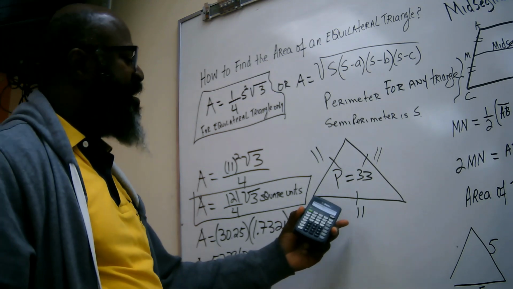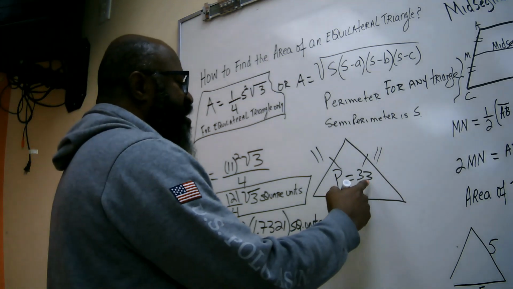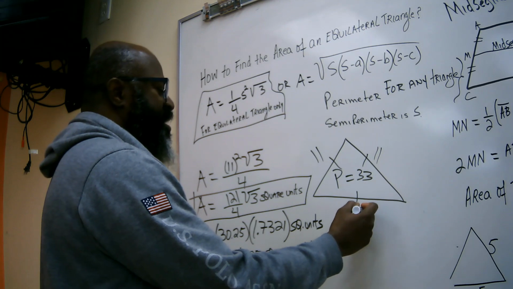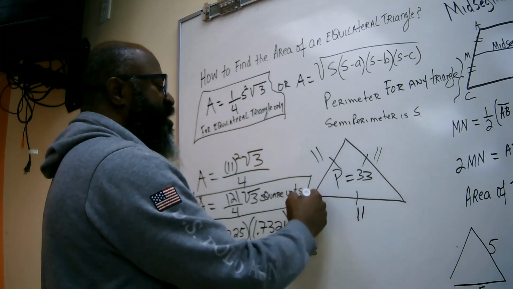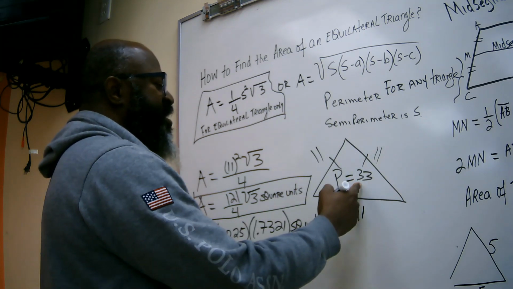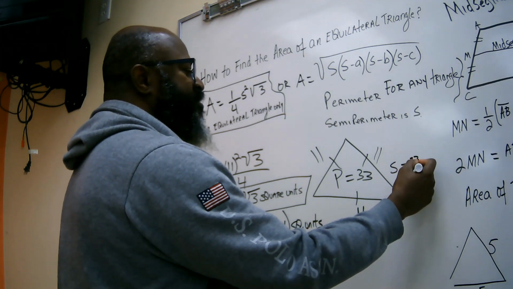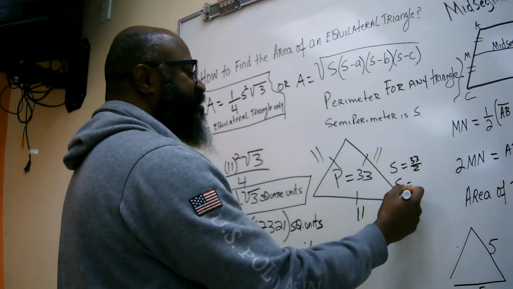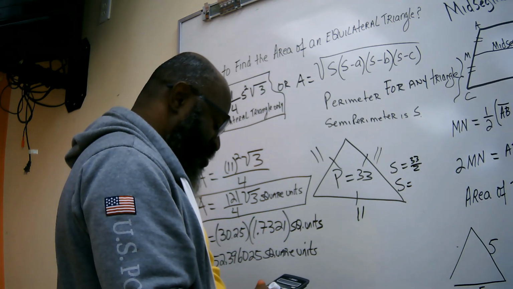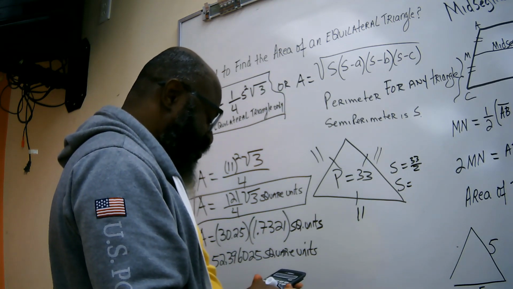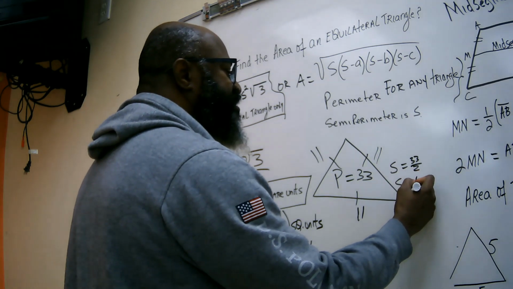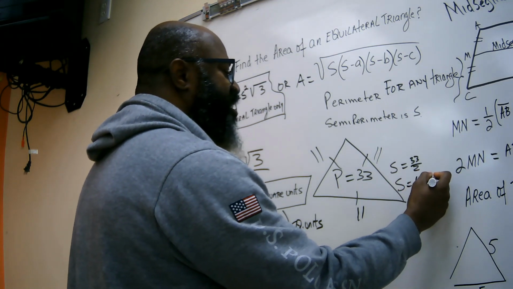The other alternative is that we find the perimeter. Since each side is 11, multiplied by 3, the perimeter is 33. To find the semi-perimeter, that will be 33 divided by 2. Now change that to decimal. 33 divided by 2 is 16.5.